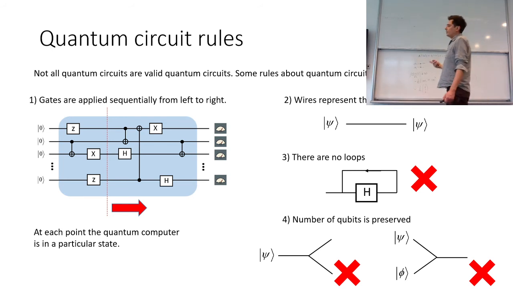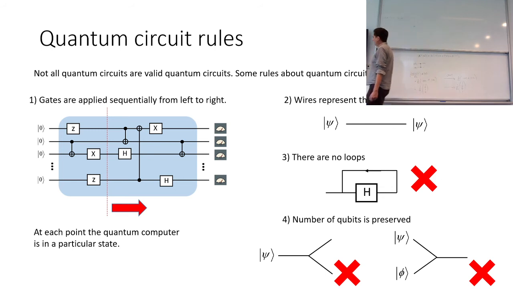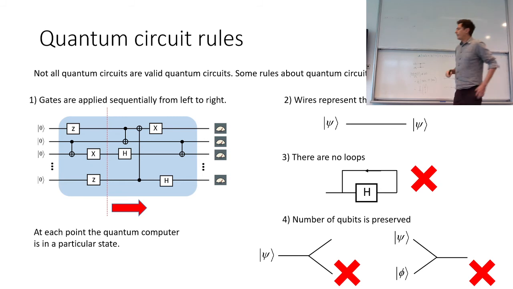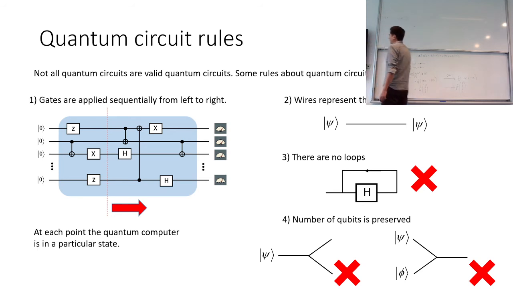And unlike classical circuits, where you definitely see things like this, there are definitely no loops like this in quantum circuits, because as I said, everything is going forward, left to right. If you had these loops, this implies something is going backwards in time, so that makes no sense.